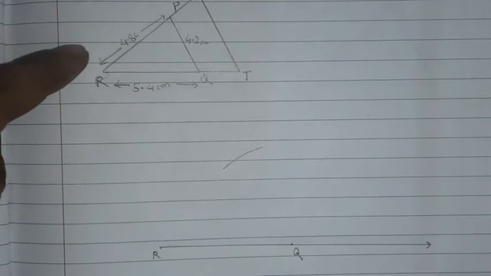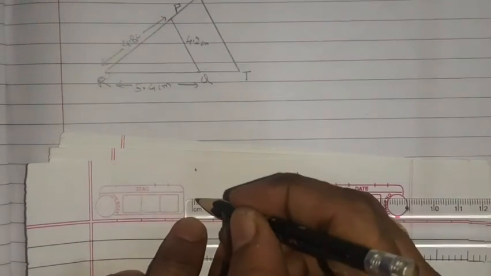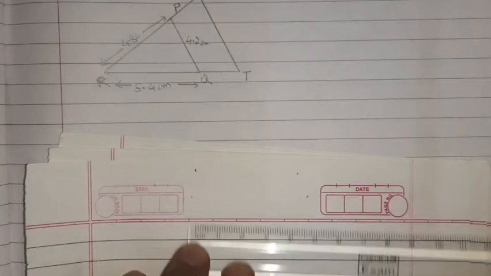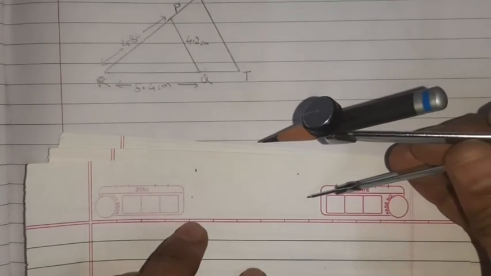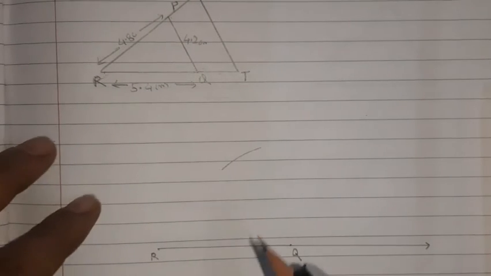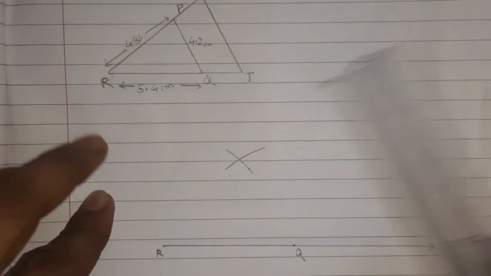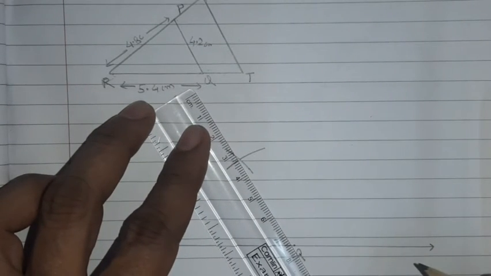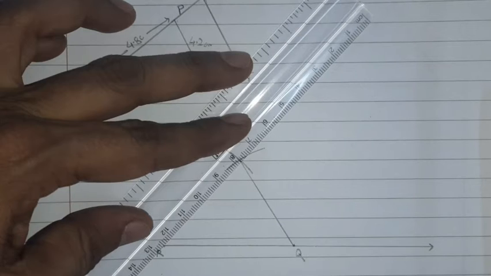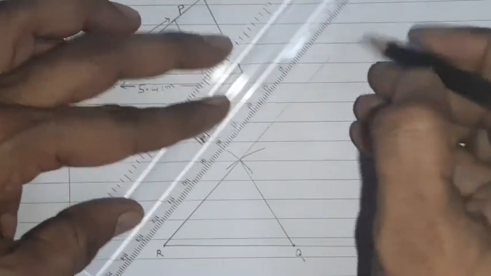That means point P is 4.8 from R. Therefore we take 4.8, from 0 to 4.8 here. Put the metal point on R and draw the intersecting arc. Then join this. We have to extend this further to draw the triangle LTR.